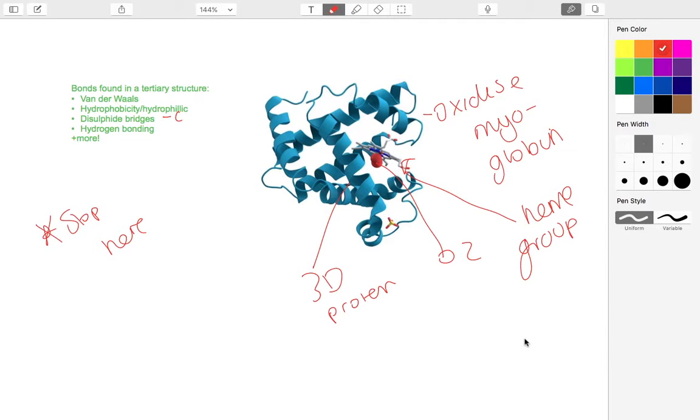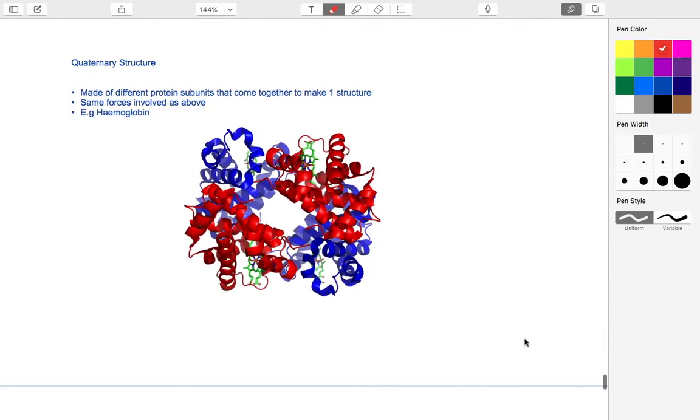Okie doke. So now we have the quaternary structure. The quaternary structure is made of different protein subunits that come together to make one structure. Some forces are involved as above. For example, you have hemoglobin. You've got four different proteins here, and your heme group. So this is a heme group.